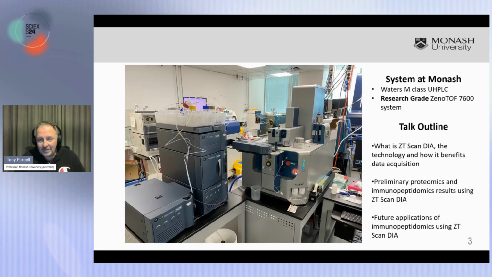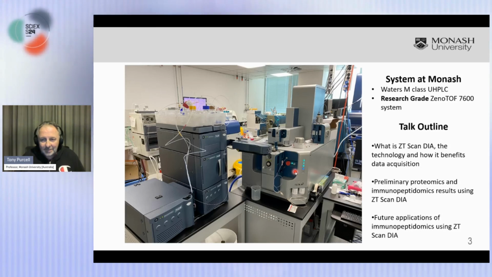So as discussed, the data you'll see today is using a research-grade Zeno-trap 7600 system in my laboratory at Monash University, Melbourne, Australia. And you've already given the talk outline, so I guess I've got the job of describing what the ZT scan is in terms of data-independent acquisition.